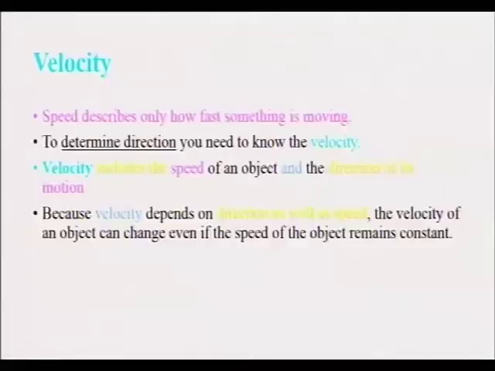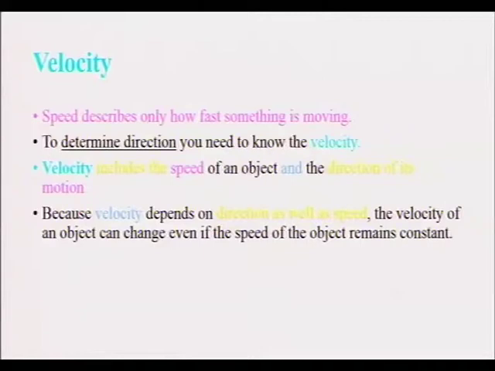But for speed, we are not bothered about the direction. We are only looking at the size, how fast, how slow. But velocity looks at how fast, how slow, and in which direction also. Velocity considers the direction, so it has both size and direction, which makes it a vector quantity. Speed is a scalar quantity because it only has size.